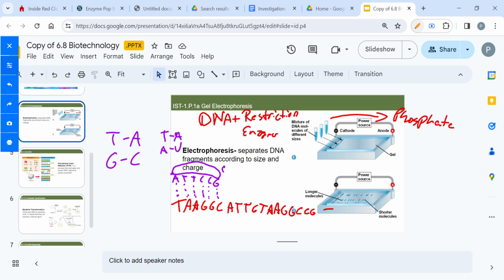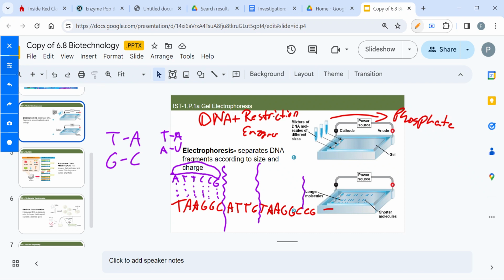And what's going to happen is that it actually breaks this sequence of DNA at that specific point. So it restricts the size of the sequence, and it does it every single time that it sees that. When I take a look at this again, I'll see that this sequence shows back up at this point right here, and this sequence is very, very particular.